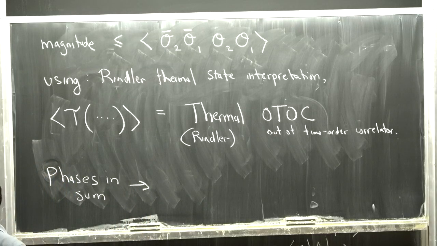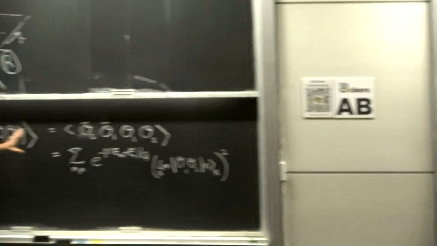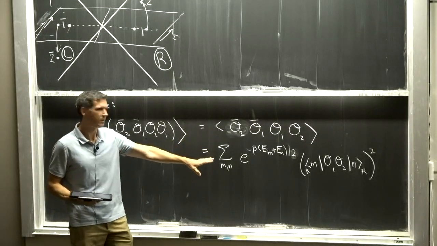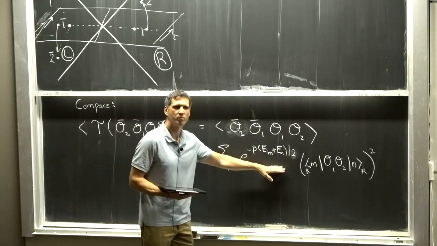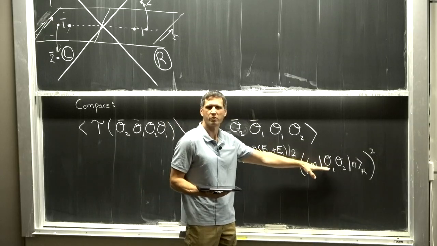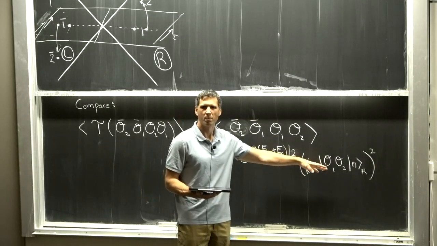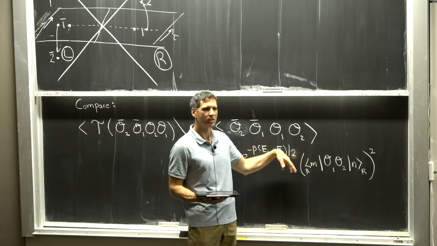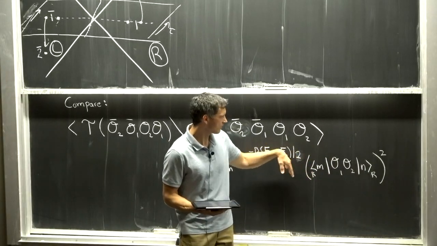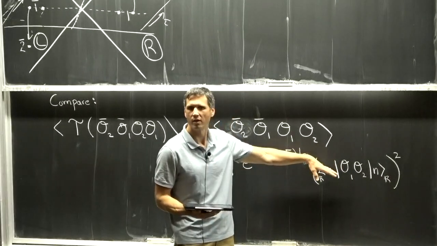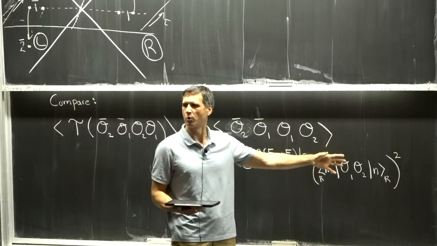When we took this time-ordered correlator, the thermal OTOC, and expressed it in terms of this sum, this is a sum with a bunch of phases in it. If you do this at early times, then it'll just be some number, say order 1.